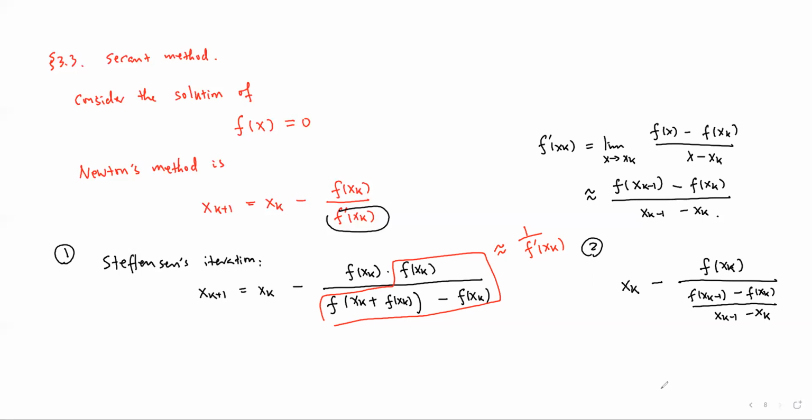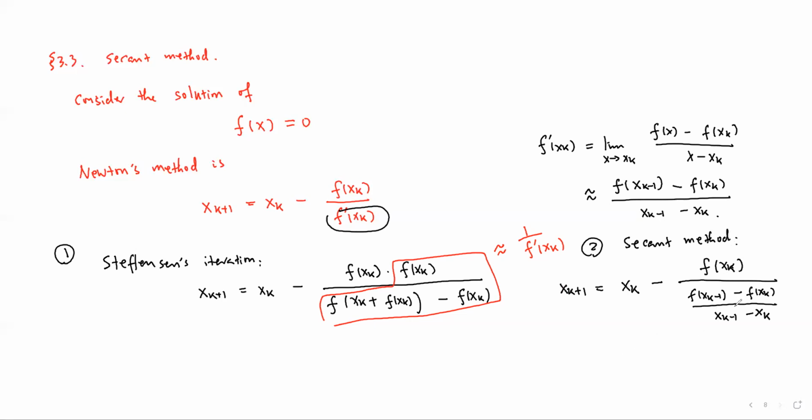Then call this new number x_{k+1}. This replacement results in the secant method.